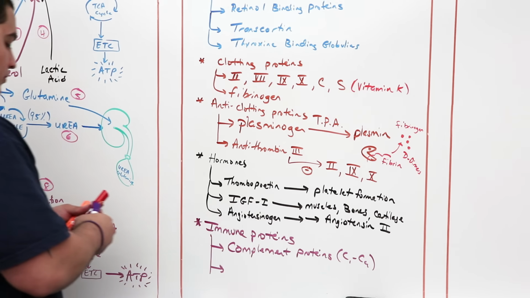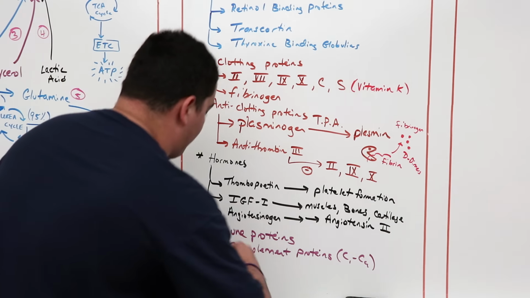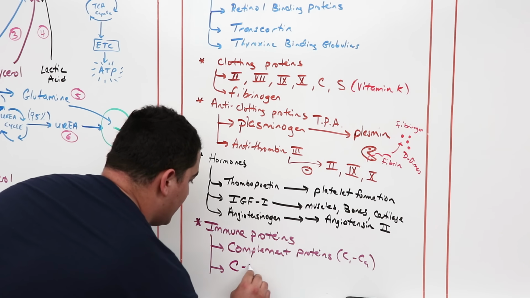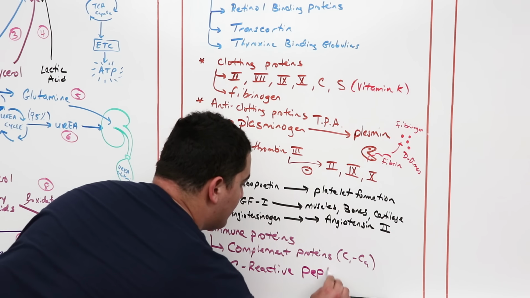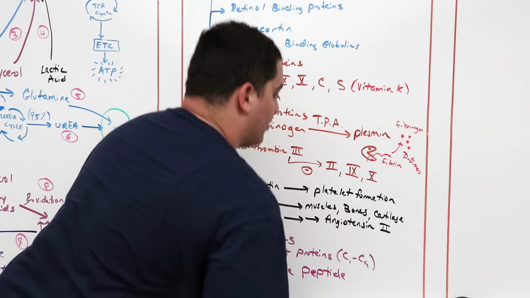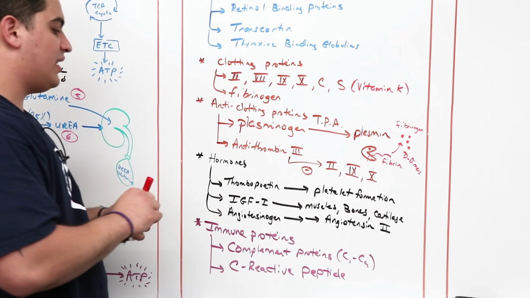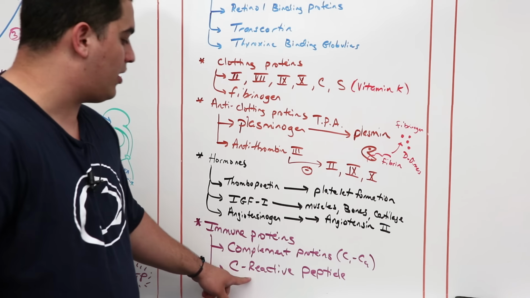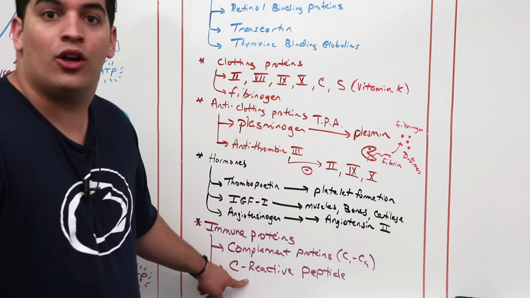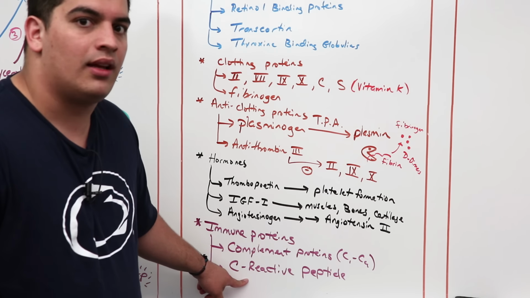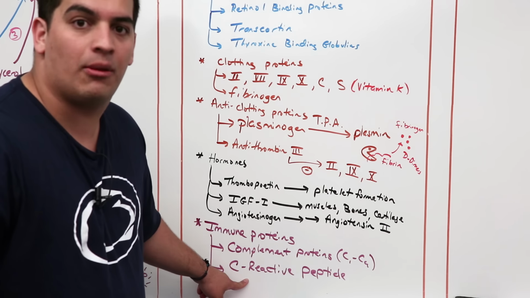One more is C-reactive peptide. Please remember this one. C-reactive peptide is important because, let's say you take a blood panel, you test their blood, and you see that they have elevated C-reactive peptide levels. What does that mean? That means that the person has active inflammation.